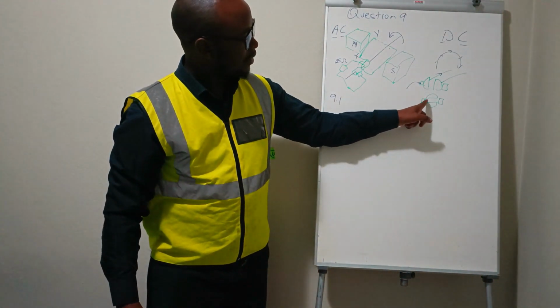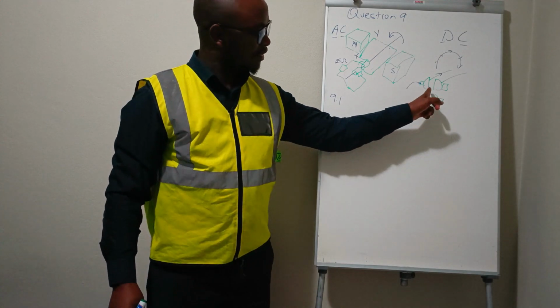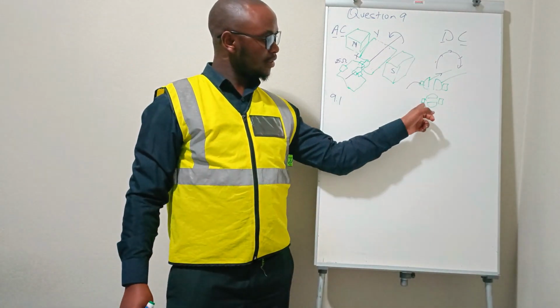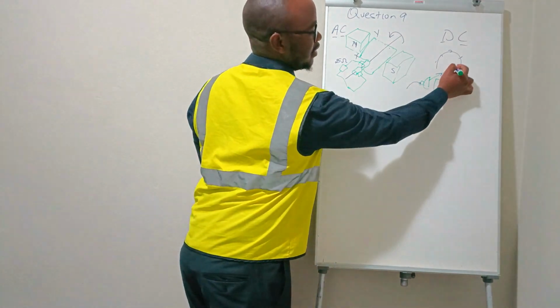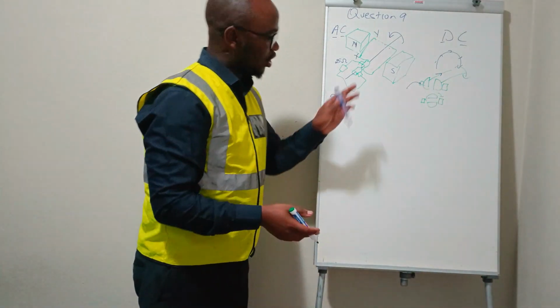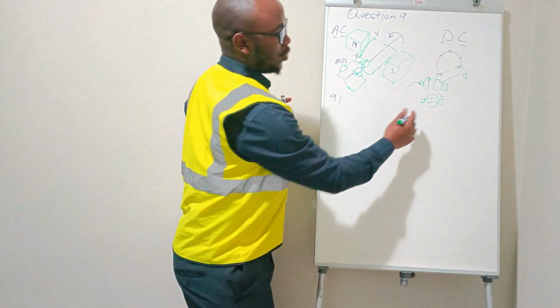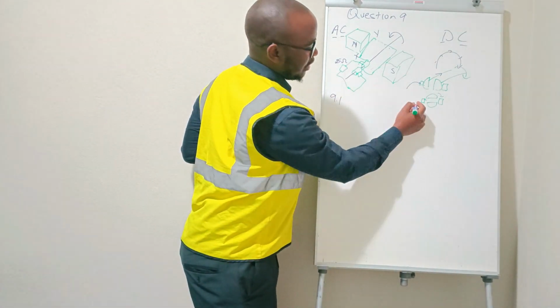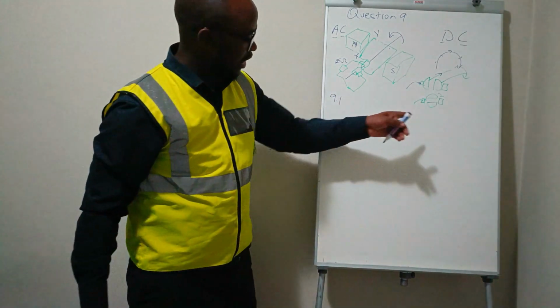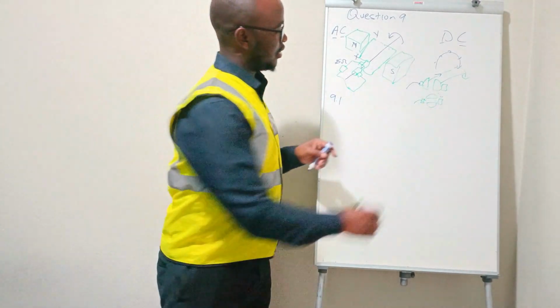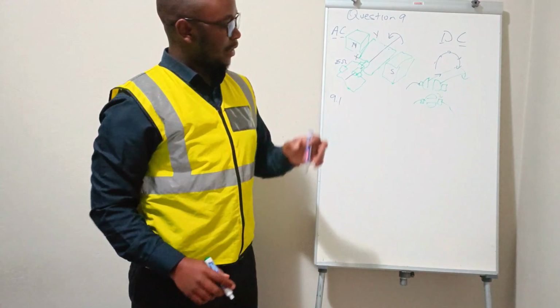We have the split ring that was on this brush moving over to this other brush. That's if the coil is moving in that direction. So what happens is that the current is still maintained to be going into that brush and coming out of this other brush.